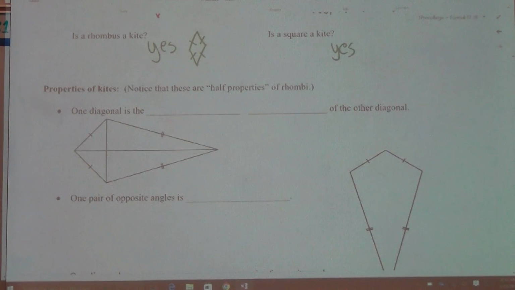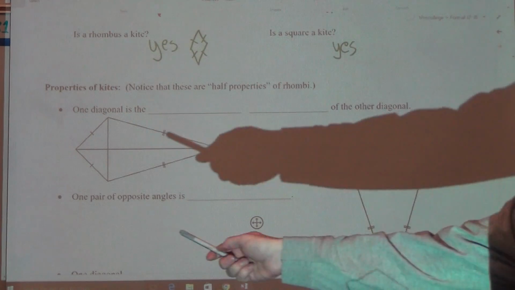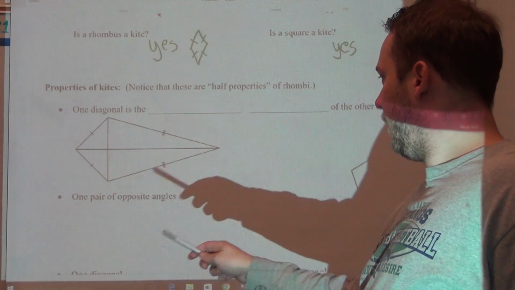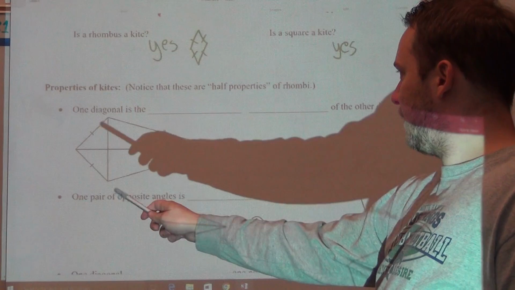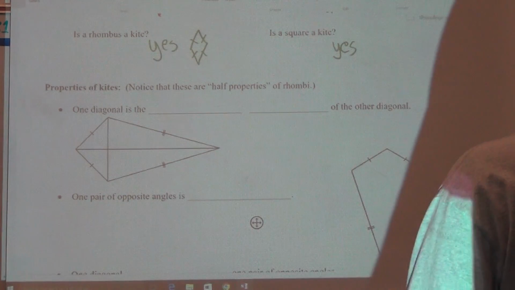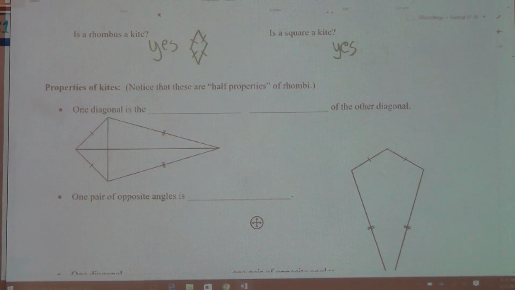Now, kites that are not parallelograms, we often draw this way, with the bigger legs down here and the smaller legs right here. So one diagonal is the perpendicular bisector of the other. You'll notice that's going to make this segment on the bottom congruent to this segment on top.